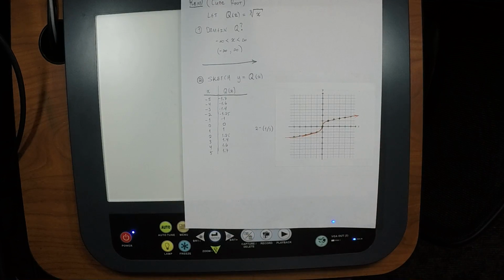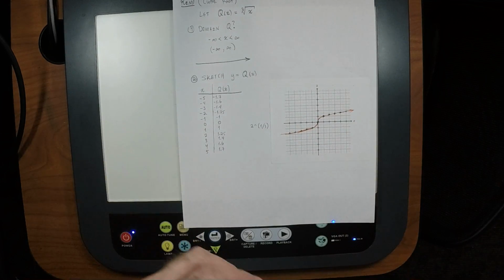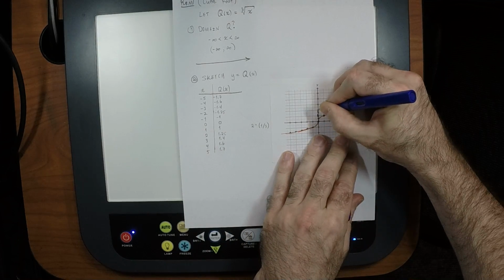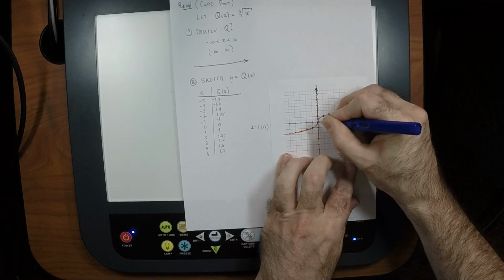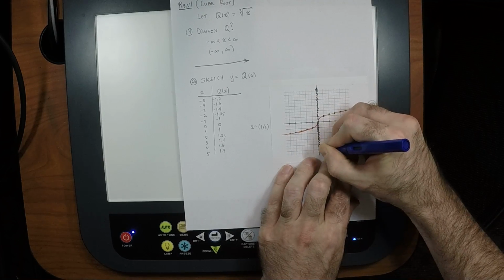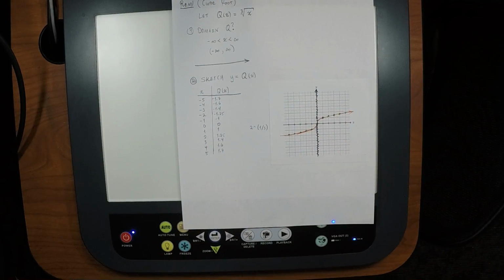For example, what's the cube root of 8? 2. And then what if I take 1,000 and cube that, and I have no idea what that is, but then I compute the cube root of that? What's that? 1,000, right? And what if I take a trillion and cube it? What's the cube root of a trillion cubed? A trillion, right? So we can go as far up as we care to go. So the whole vertical axis is the range.